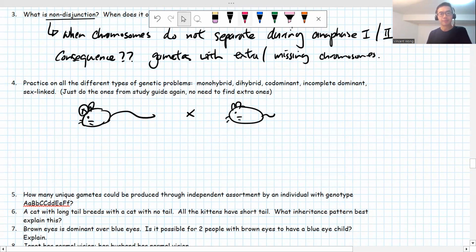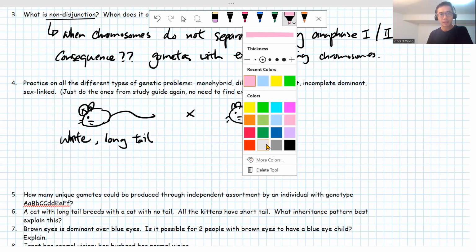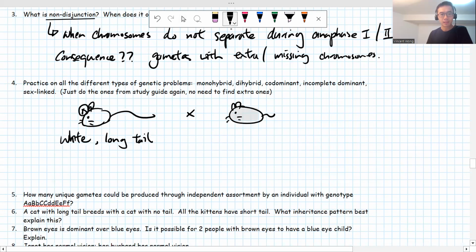Let's say this one is white and long tail. And then over here, we have a second one. And this one is gray and short tail.